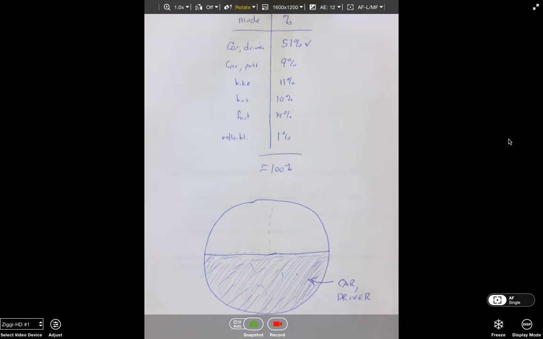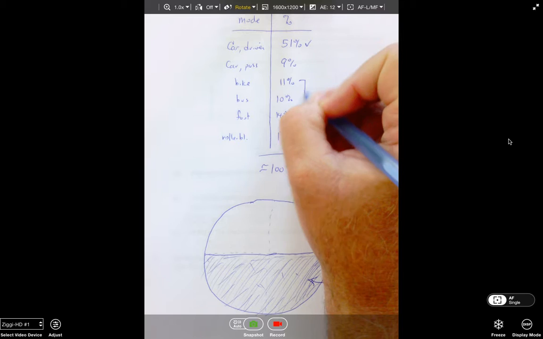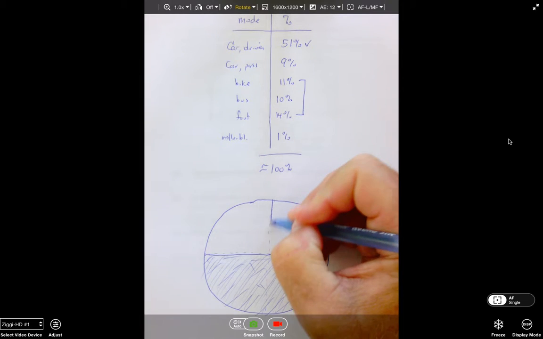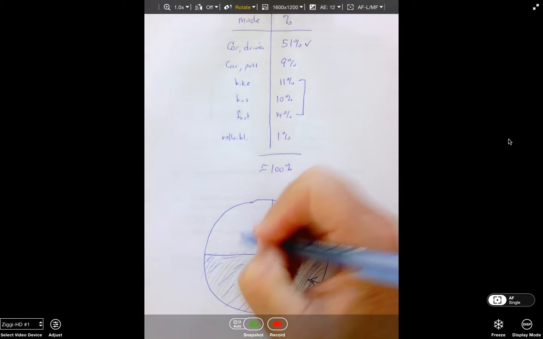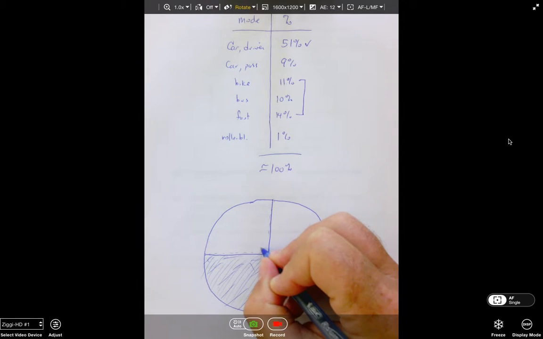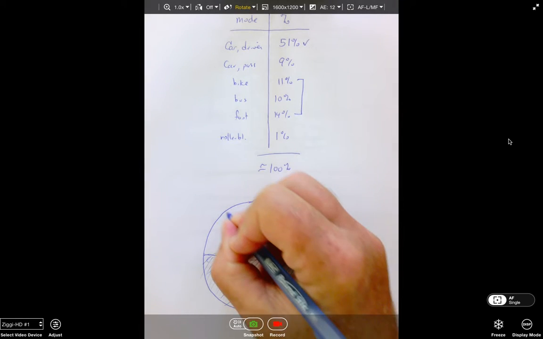All right, so that was car driver. Next thing I would look at is something that works out nicely. And what I see here is these two right here. Bike and foot are 25%. So I know that I can designate this part right here, this 25%, for the 14 and 11. So I'm going to draw something and cut it a little bit more than half.